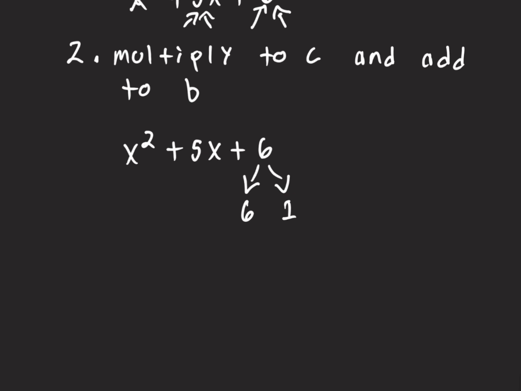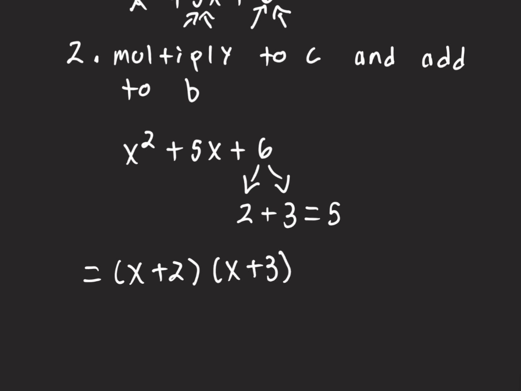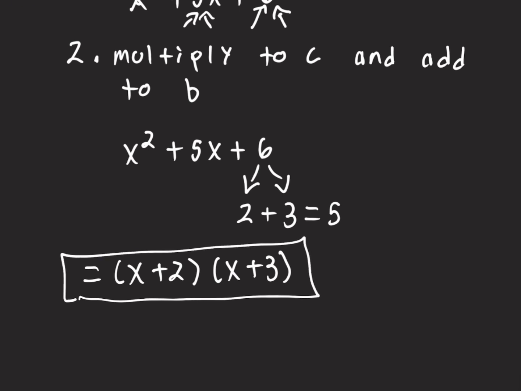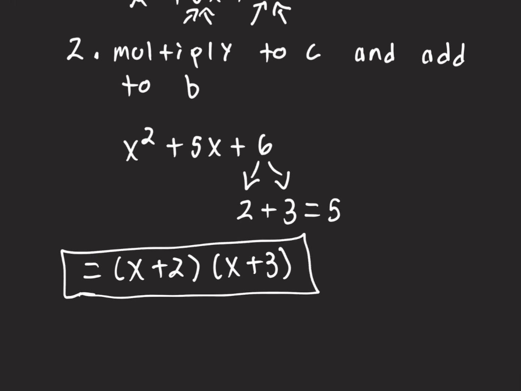So 6 and 1, if I add those, they're going to add to 7. So that's not correct. But our 2 and our 3, if we add those together, they're going to equal 5. So our first answer is just going to look like the following. We're going to put equals (x plus 2)(x plus 3). And right there is our answer to our first simple trinomial.